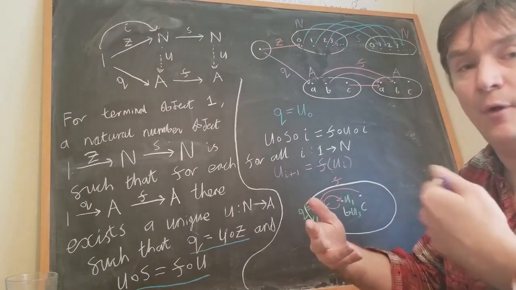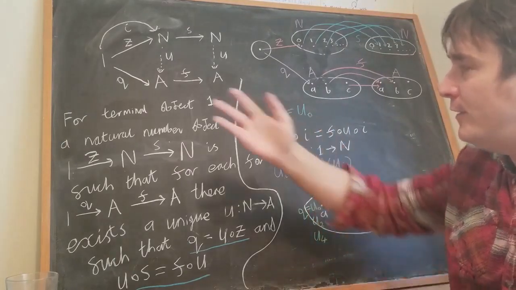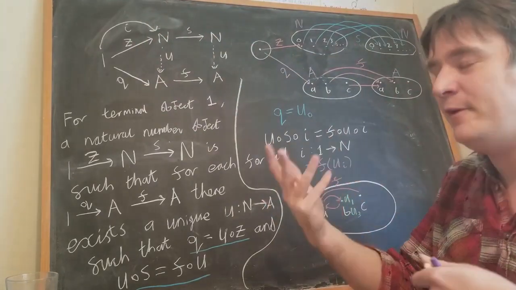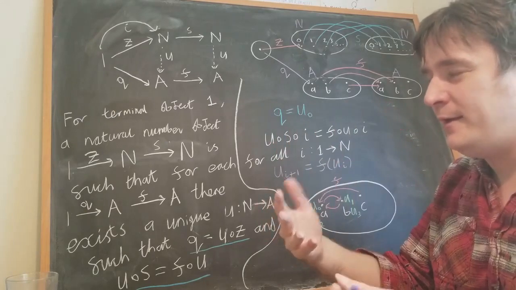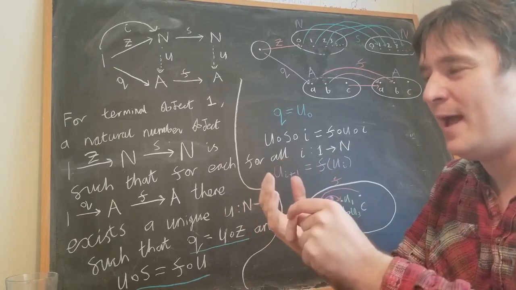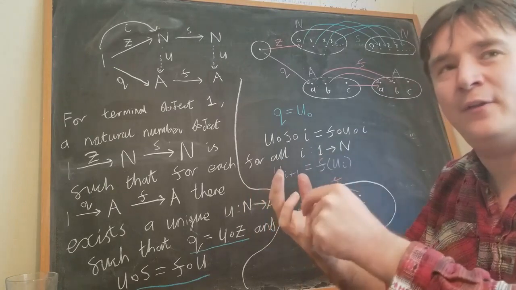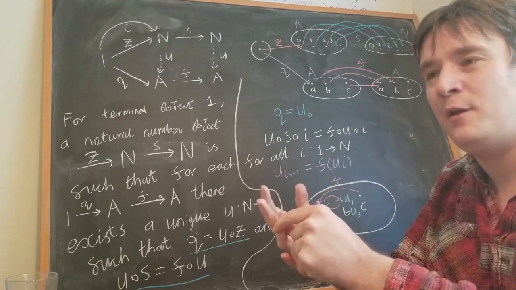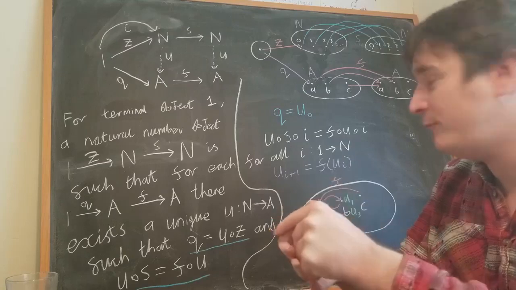So basically, all this definition boils down to is saying that the natural numbers are defined by having the property that if we take any set and pick a starting element q in that set, then we can say 0 gets sent to q, and 1 gets sent to f of q, and 2 gets sent to f of f of q, and 3 gets sent to f of f of f of q.